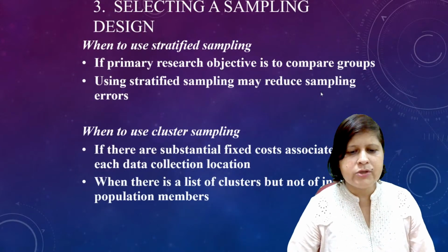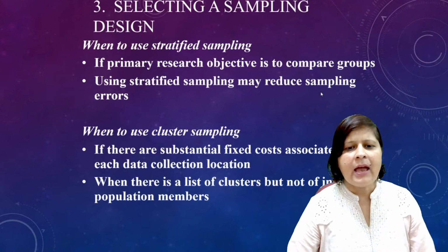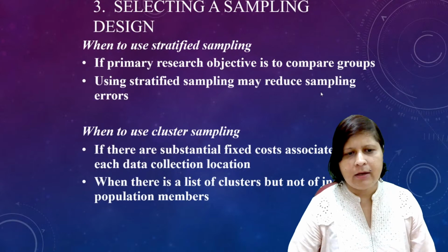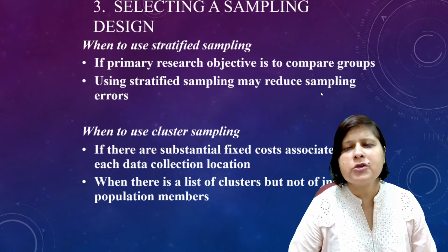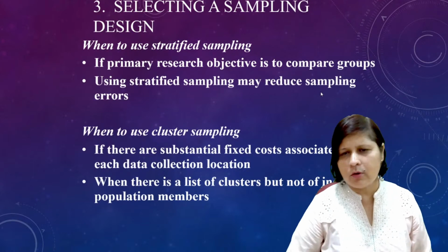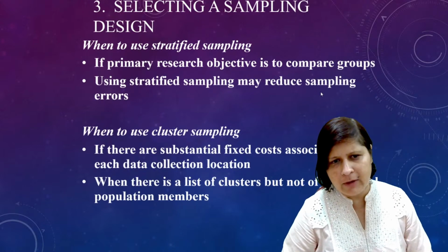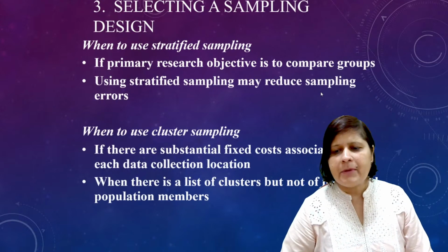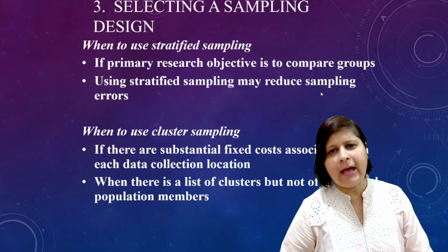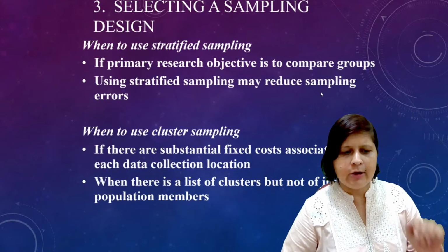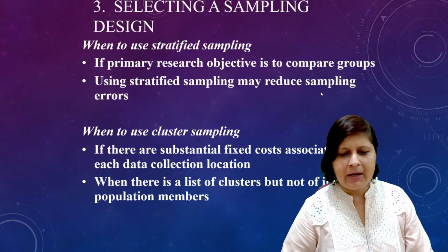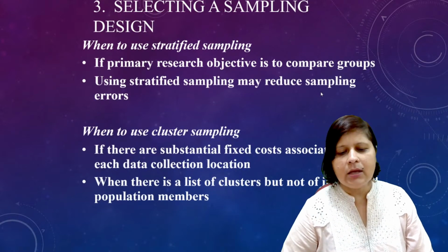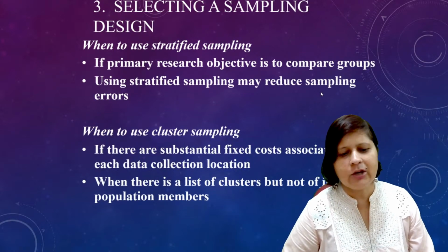When should we use stratified sampling and when should we use cluster sampling? Use stratified sampling if the primary research objective is to compare groups. If we want to know about the smoking habits of males and females, then go with stratified sampling. Using stratified sampling may reduce sampling errors. When to use cluster sampling? If there are substantial fixed costs associated with each data collection location.